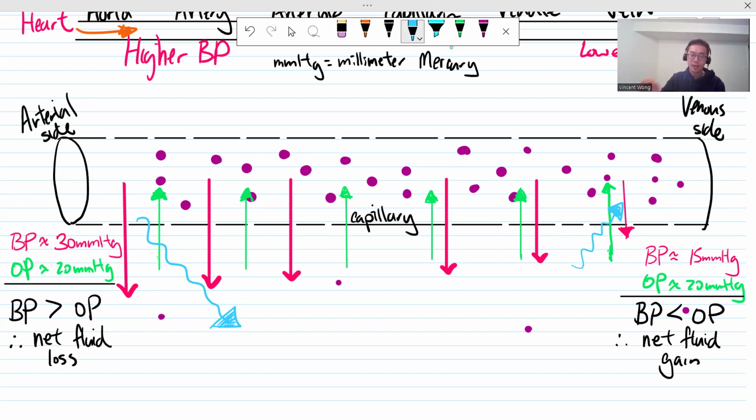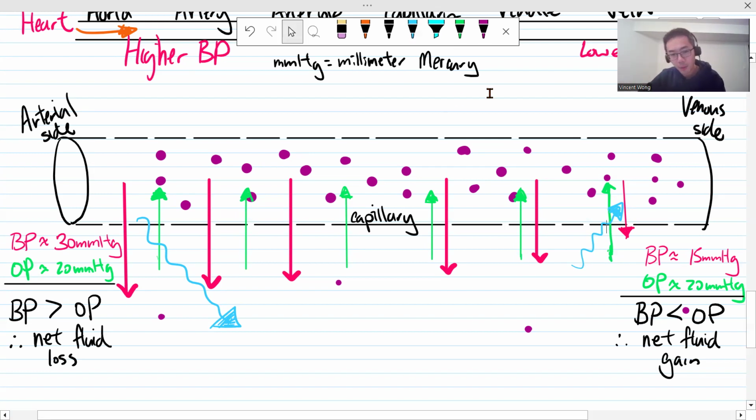Now, for those of you who have a very sharp eye, you might notice something of a problem here. If you do the calculations, 30 minus 20 is 10, so the pressure difference here is 10 mmHg. On the other side, the pressure difference is 5 mmHg.